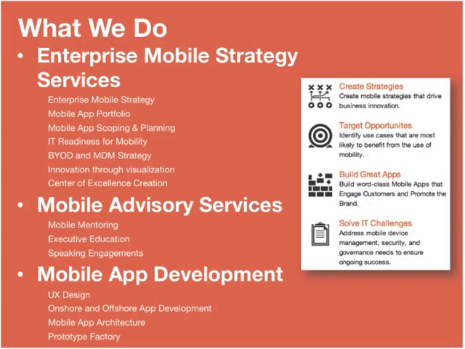I wanted to touch on what we do as a company. We have 3 service lines. The first service line is Enterprise Mobile Strategy, and we deliver these in a series of workshops focused on both business and technology mobile-related issues.